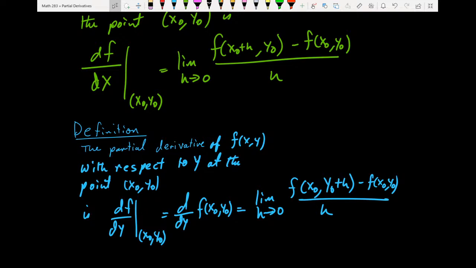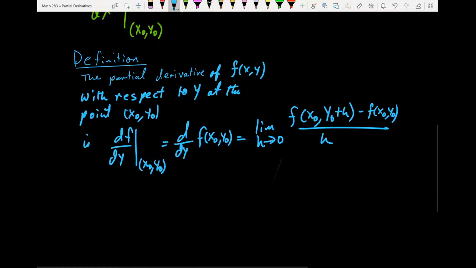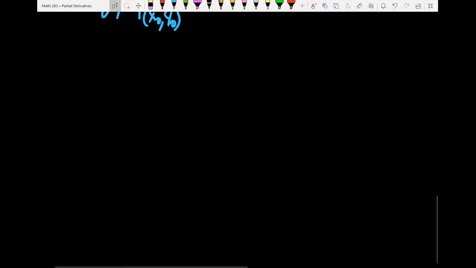Are you talking about this h? Because at the bottom is h. You can call it n, but all right.